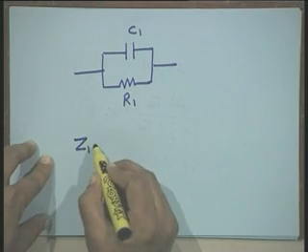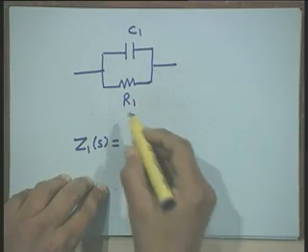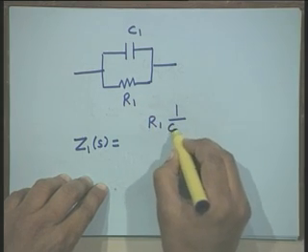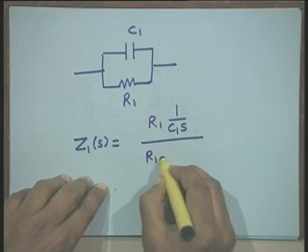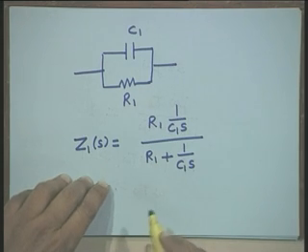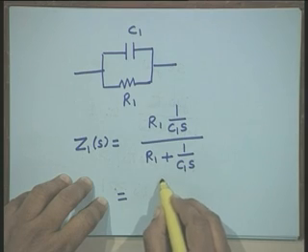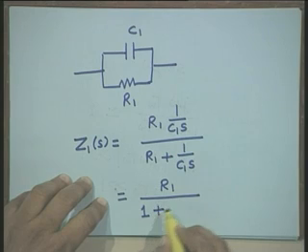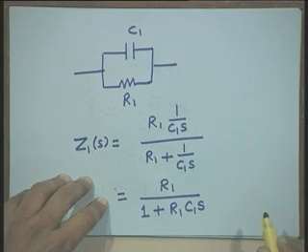I can call the operational impedance of this Z1(s). This will be equal to the parallel combination of these two impedances, that is R1 in parallel with 1 upon C1s, divided by R1 plus 1 upon C1s, which can be simplified and put in the form R1 divided by (1 plus R1 C1 S).